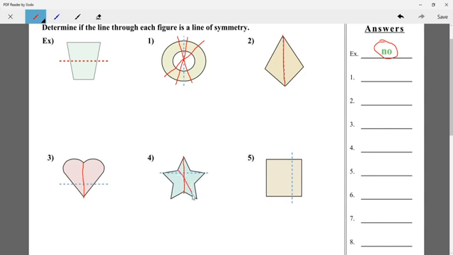I think technically that would also be a line of symmetry. And that, and that, and that.